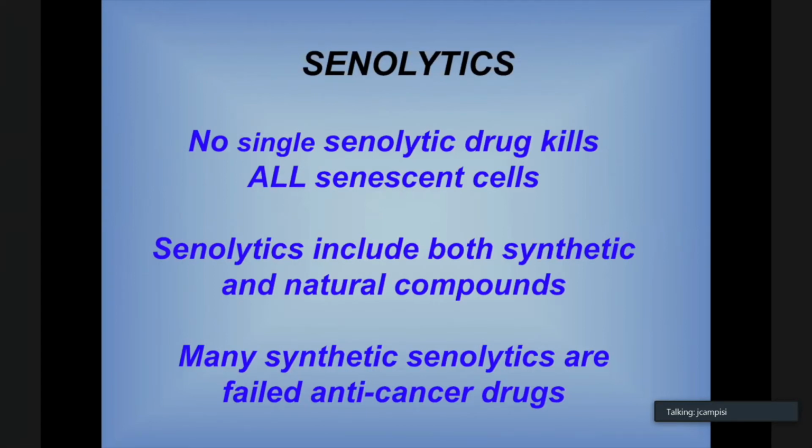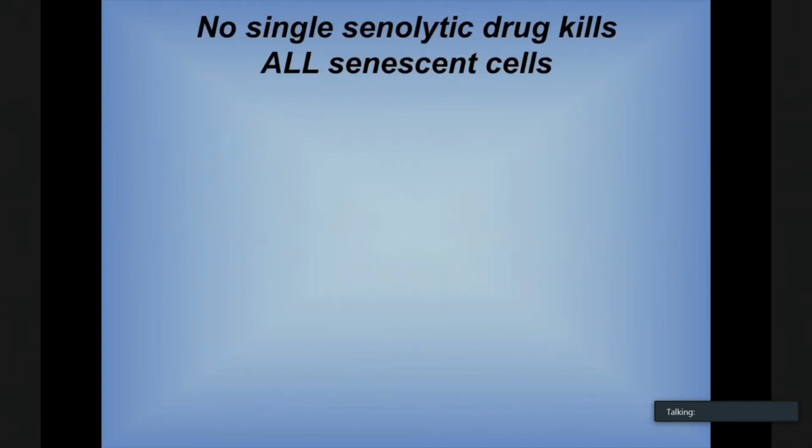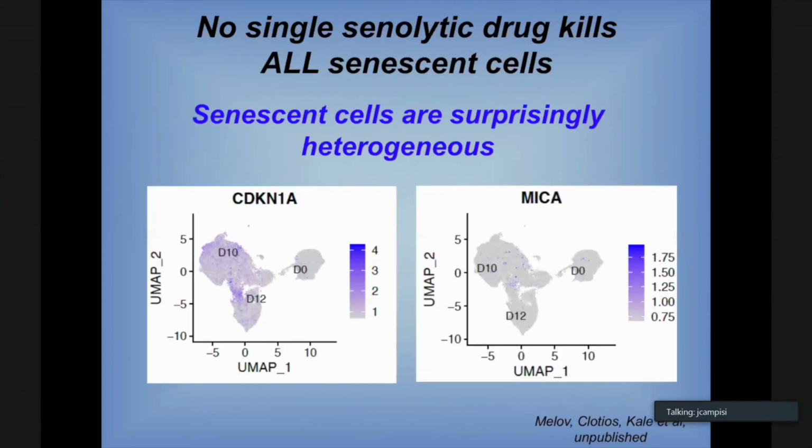If you can reduce the burden of senescent cells by 70 or 80%, you can have remarkable positive effects on health span. So I want to give you an example of the heterogeneity of senescent cells, which is part of the problem why we haven't found a single target that is druggable. And that is that senescent cells are really surprisingly heterogeneous.